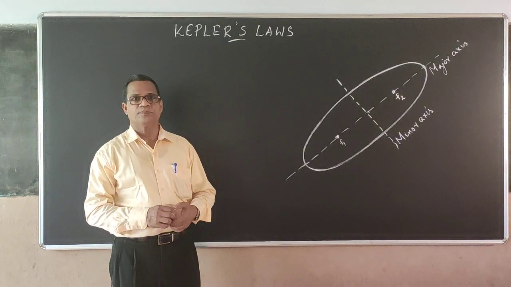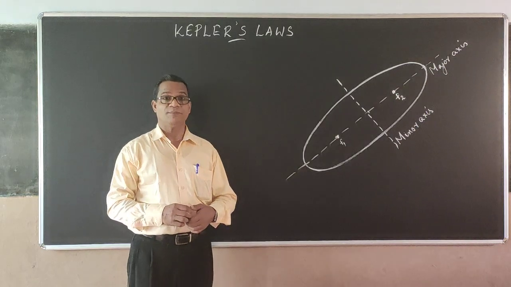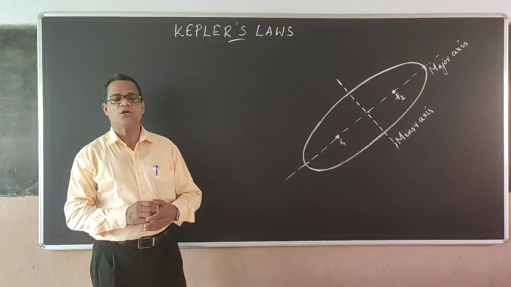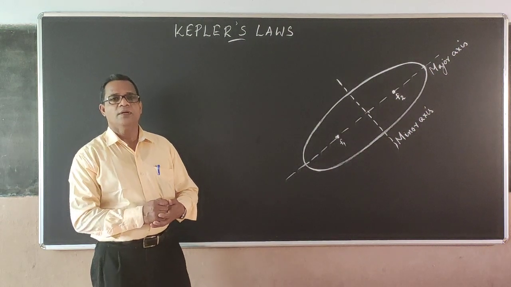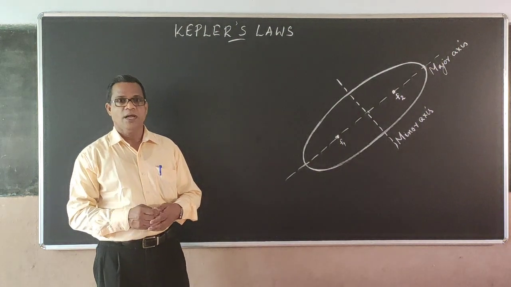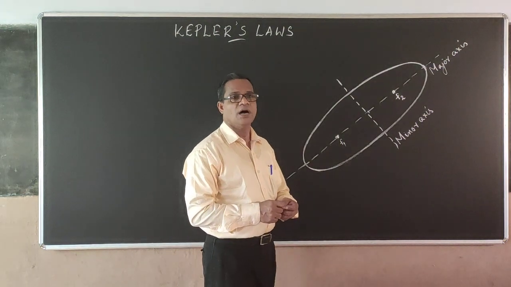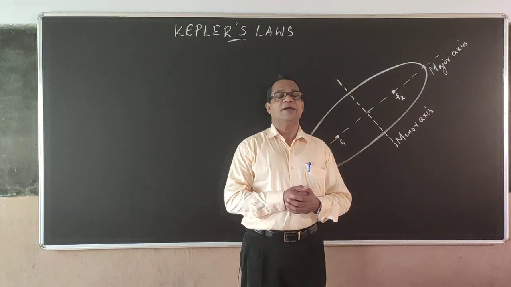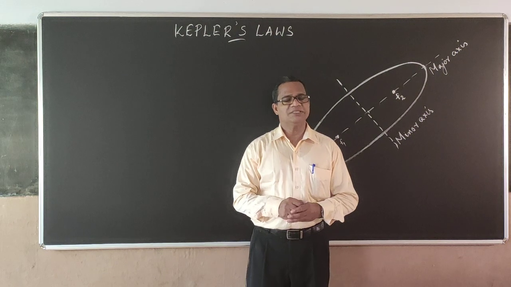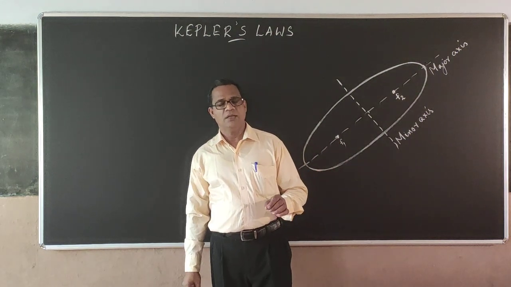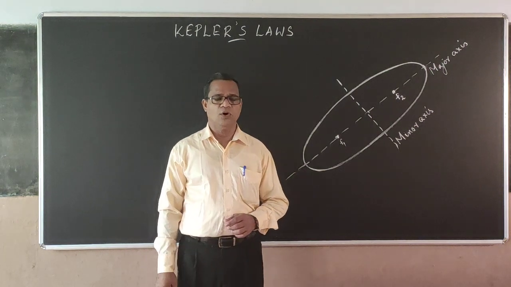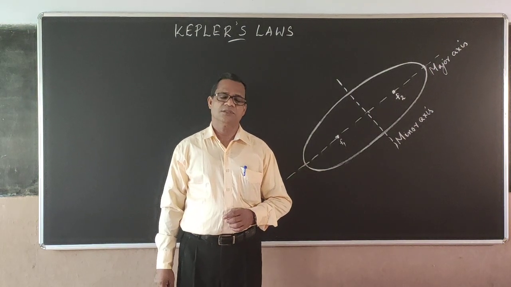Johannes Kepler is the one who observed the planetary motion around the sun, and based on his observation, he arrived at certain conclusions, and those conclusions are called Kepler's laws of planetary motion. Basically, there are three laws, and we have to define all the three laws and the basics behind it.